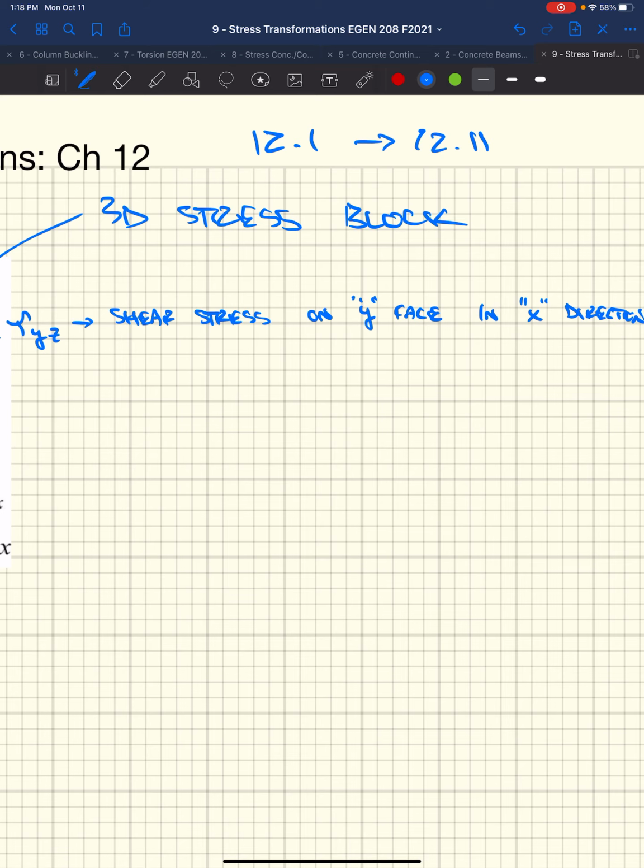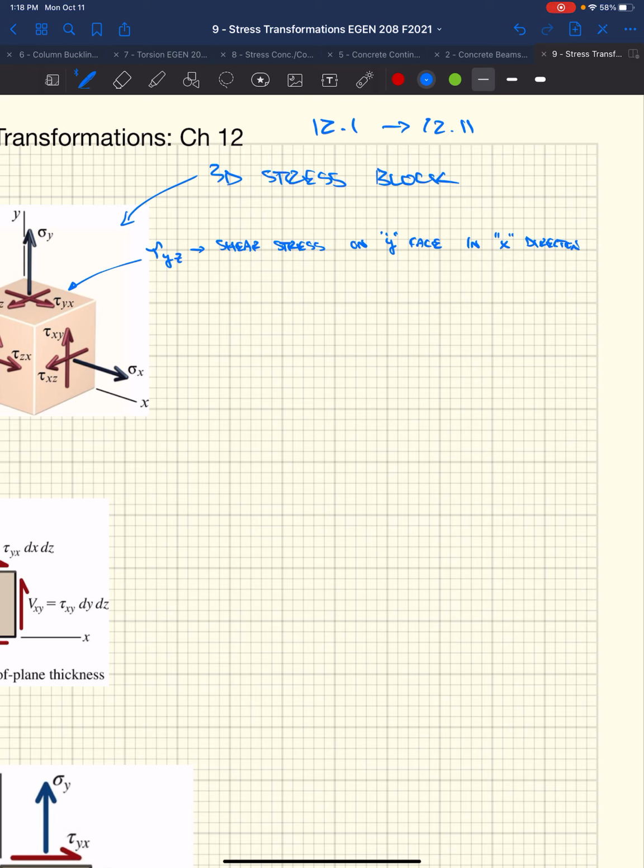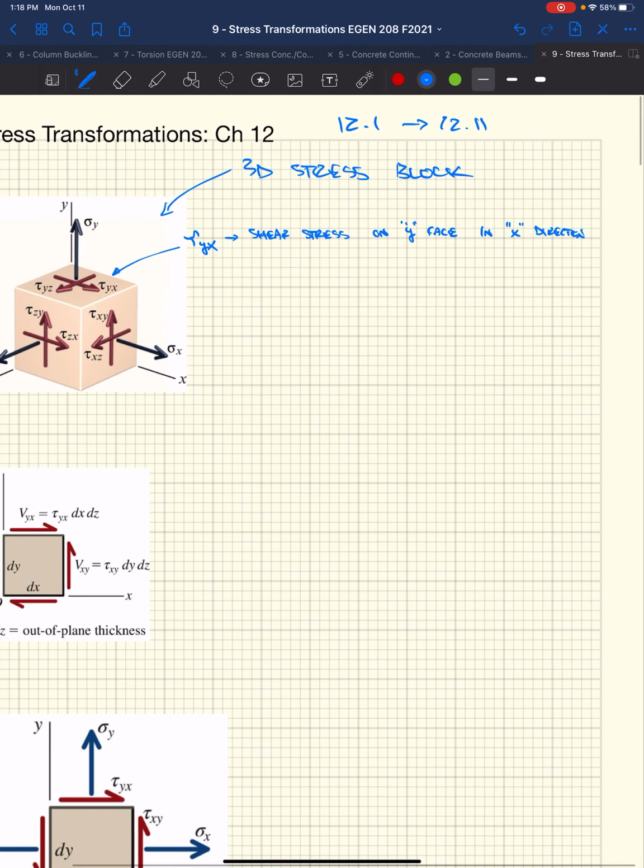Oh, sorry, z direction. I wrote this down wrong here. This is x. I wrote it down wrong, but read it right in my notes. So shear stress on the y face in the x direction.